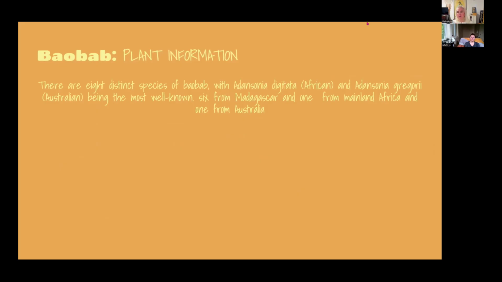So the plant information. There are 8 species of baobab. There's the Adansonia digitata in Africa, and the Adansonia gregori, which is Australian. So one from Africa, one from Australia, and those are the most well known.